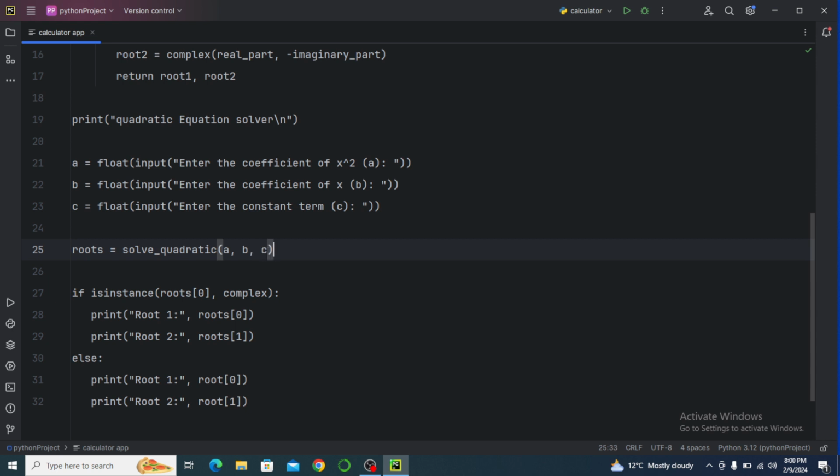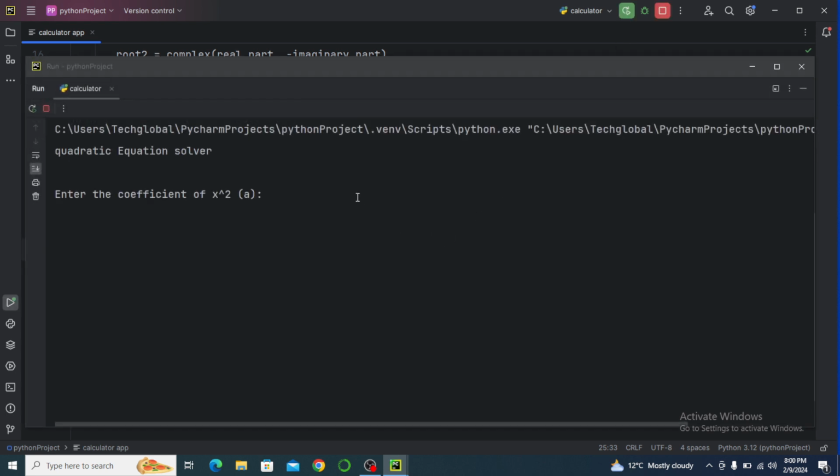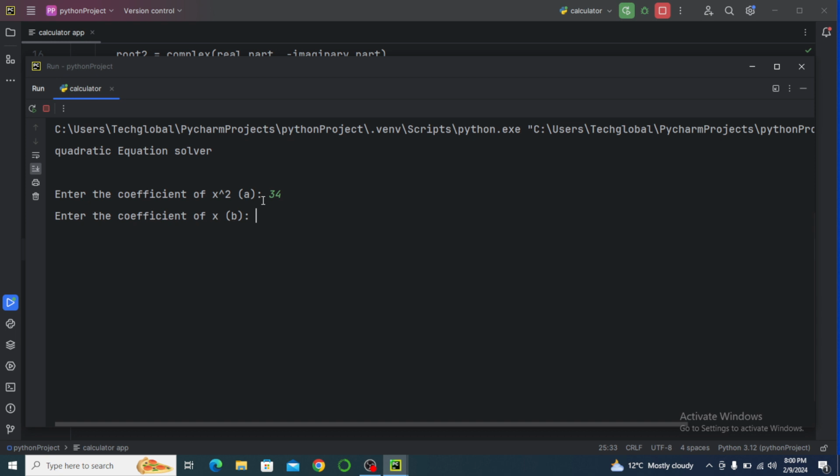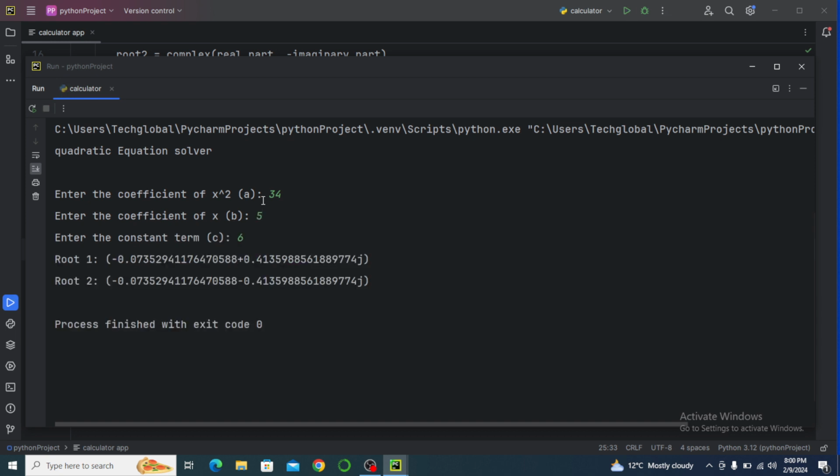Let's see if it will solve this problem. So we have 34, 5, and 6. Finally we're able to solve our problem. Yes. Wow, our quadratic equation solver is working. The answers were pretty accurate. I pressed it on my calculator and I got the same thing.